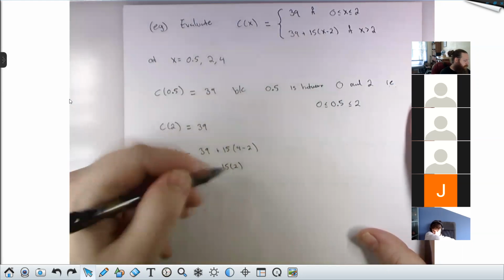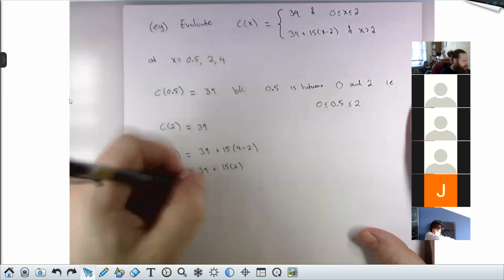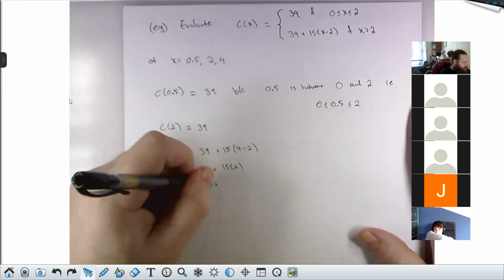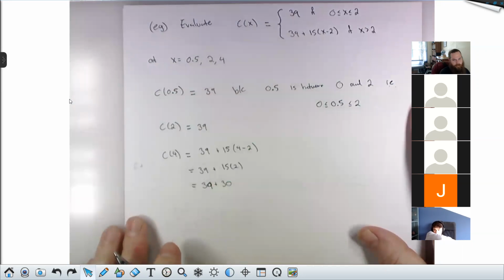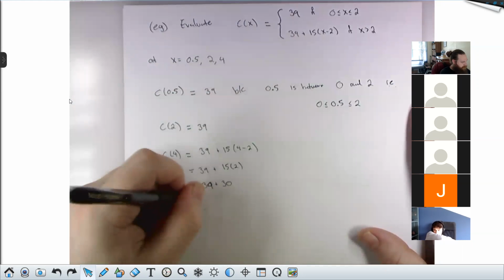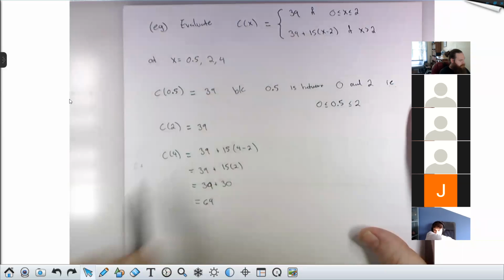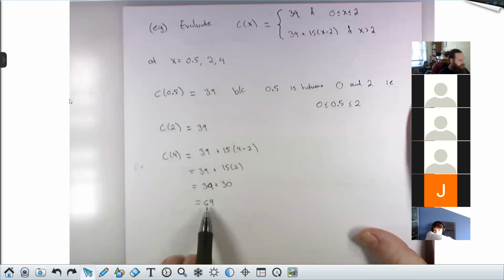And following our order of operations, 15 times 2 is 30. So that's 39 plus 30, which is 69. So c of 4 is 69.